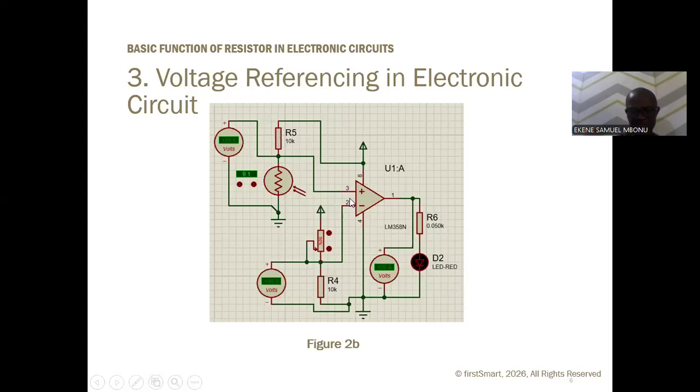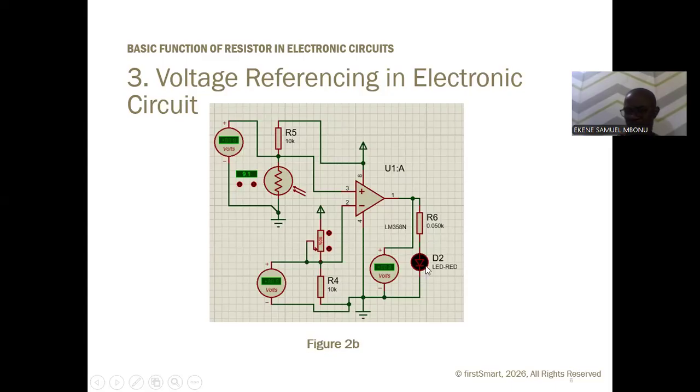And when it decreases, the op amp will switch off. But in the night, the resistance of this LDR will increase. When it increases, the voltage on pin 3 becomes greater than the voltage on pin 2. And then the light comes on.